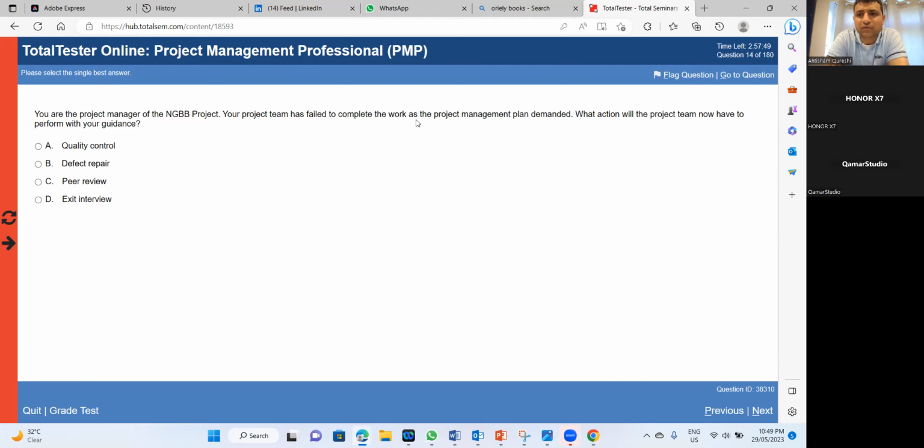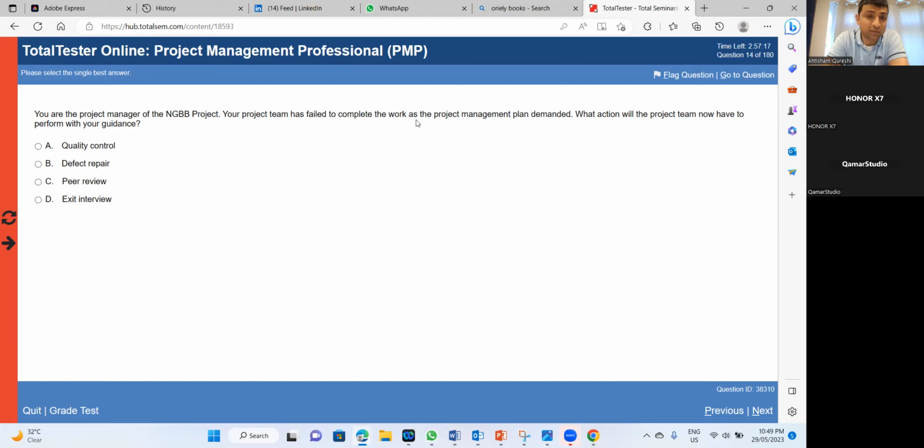So what action will the project team now have to perform with your guidance is that they have missed critical steps while completing the work. So it means that now to fix it, they have to do defect repair. Peer review would have helped them to avoid it, because somebody would ask why we are missing the proper steps to do this task.